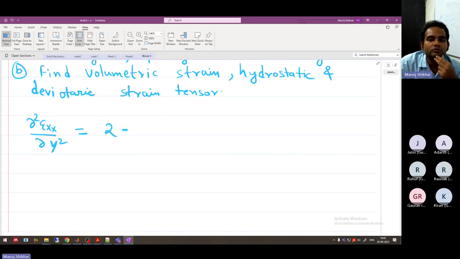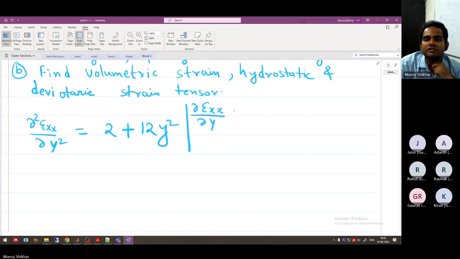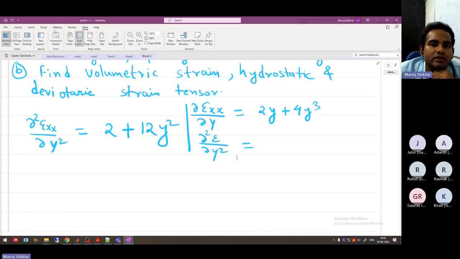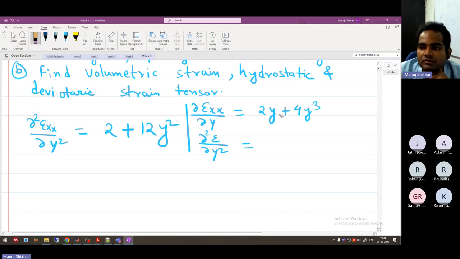Maybe I should show you the steps also. This is 2y plus 4y cube. Now if you differentiate it with respect to y, it should be capital Y here. I'm so sorry.